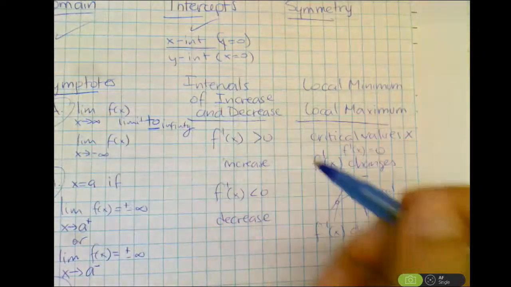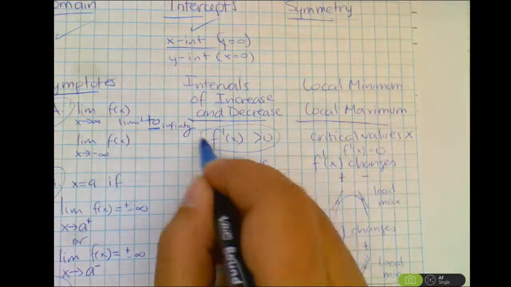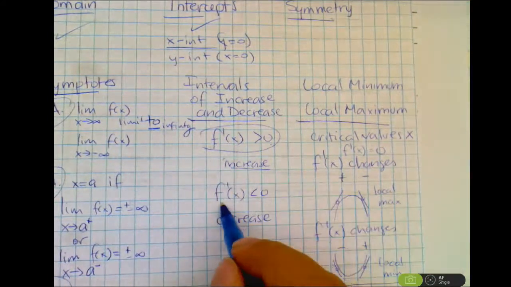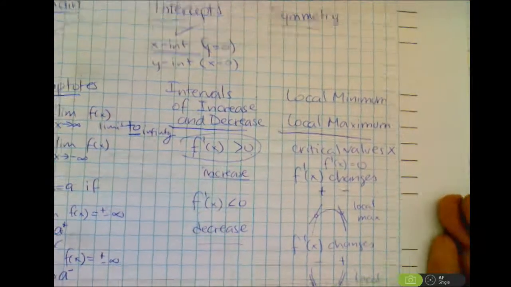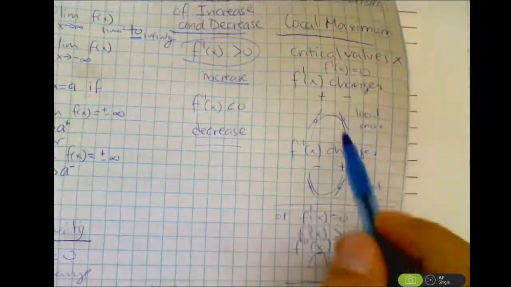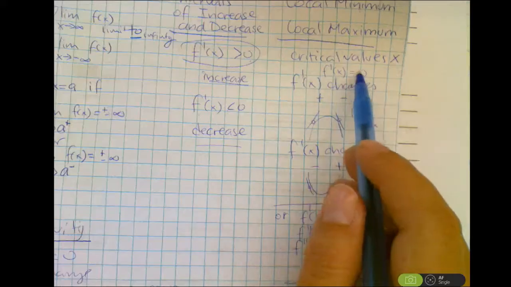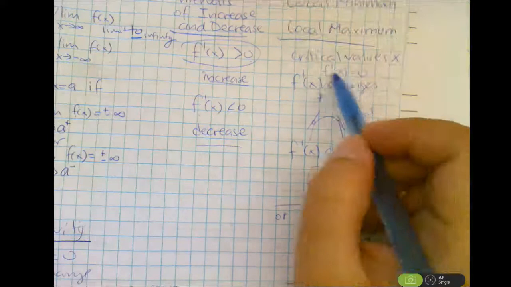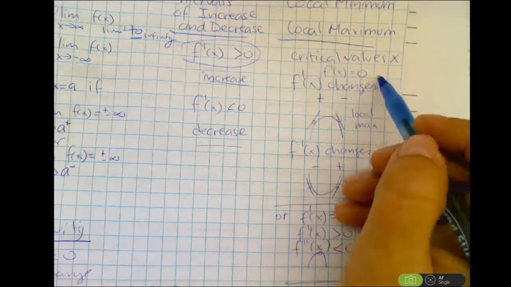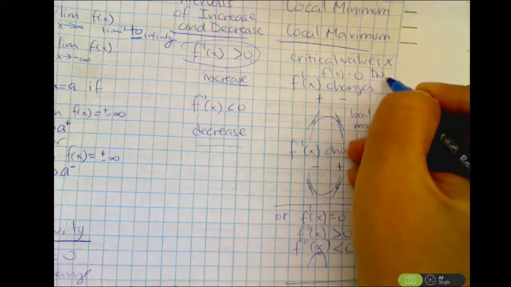Intervals of increase or decrease, I wrote my rule. I know if the derivative is positive, it increases. If it's negative, decreases. My local maximum, I put my 2 tests. First, I'm finding my critical values. Usually when I make my derivative 0, or when my derivative does not exist.